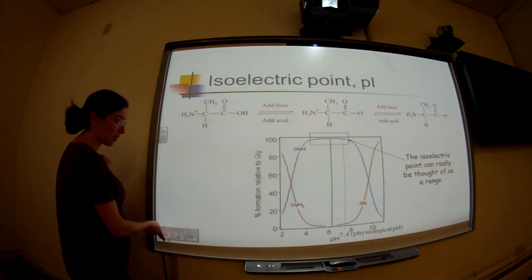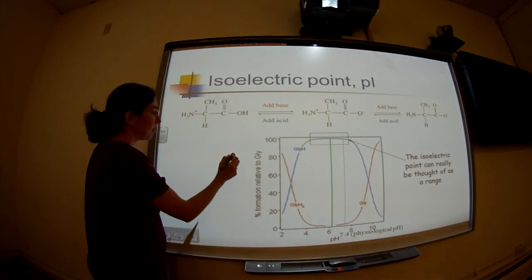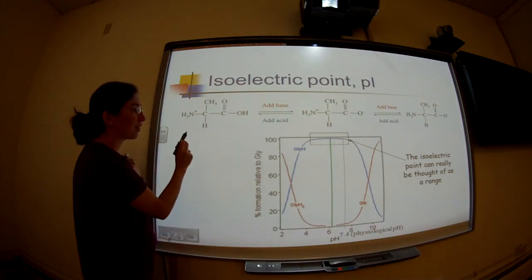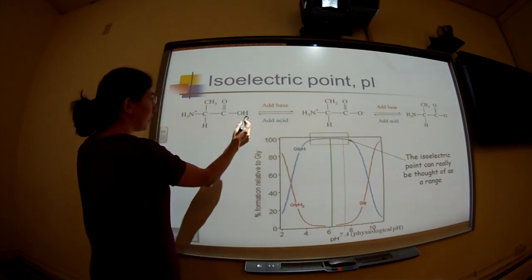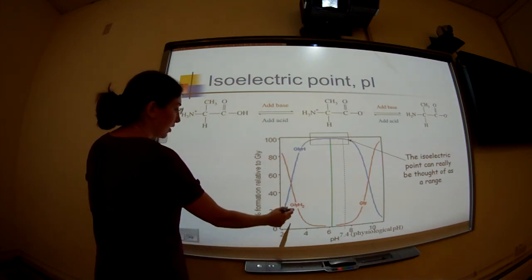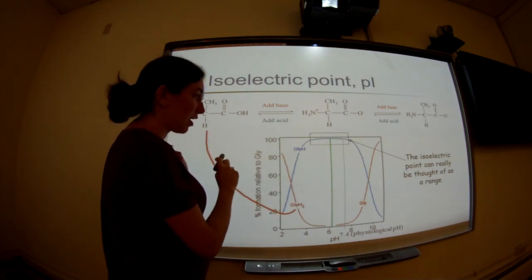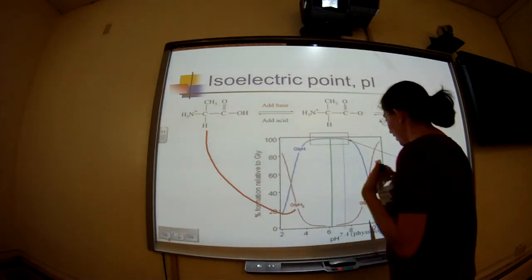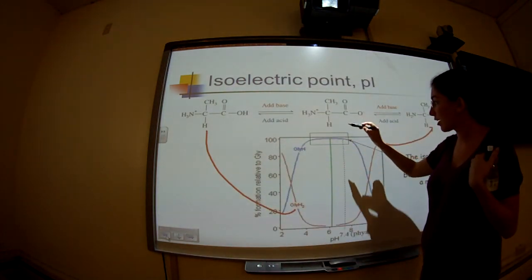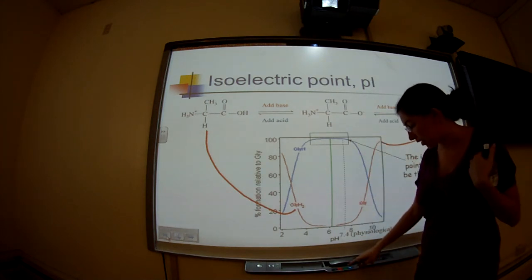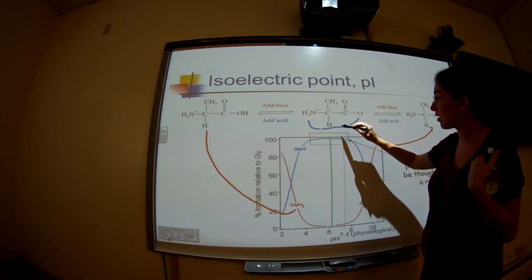No. Okay, I've got to recalculate this. GlyH2 would be this one, where both groups are protonated. And Gly without any H's would be this one here. And GlyH, I'll make it blue, is this one here, the blue line.